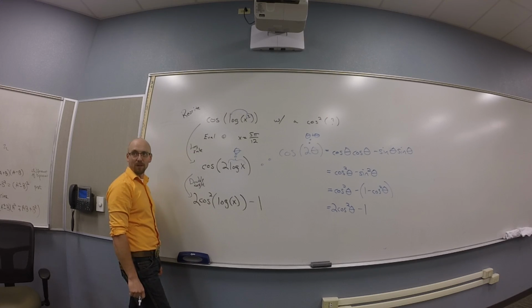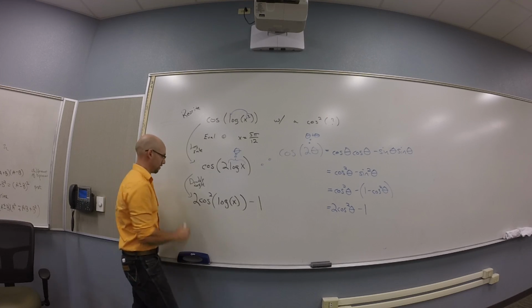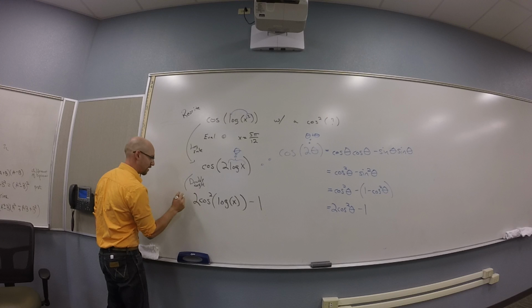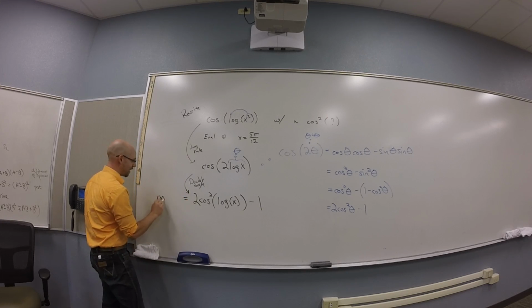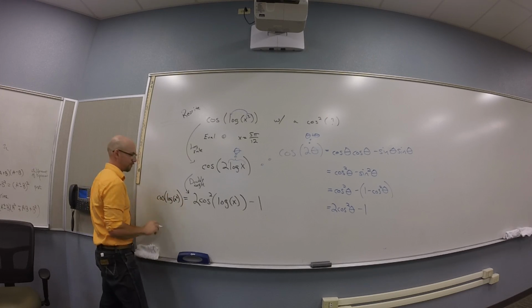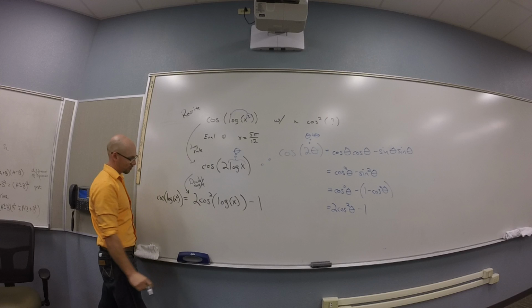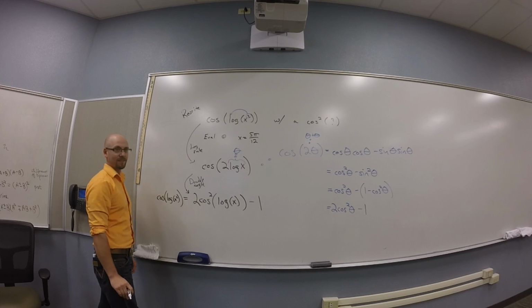So I think that's about the best I can do in terms of rewrite. So I found this new trig identity. It's kind of weird. It says that if you happen to have cosine of log of x squared, you can rewrite it as 2 cosine squared of log x minus 1.